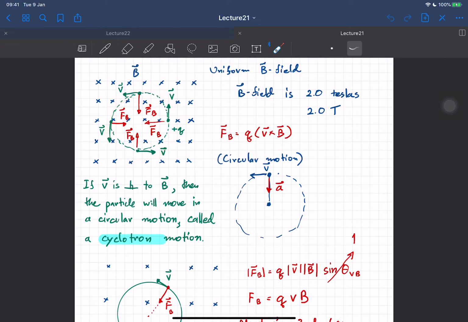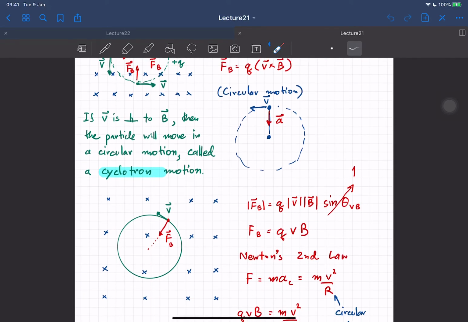So this makes the charged particle go around in a circle, and this is what we call cyclotron motion, right? Cyclo, and tron coming from electron or proton, is the particle going around in a circular motion. We can calculate a few things.